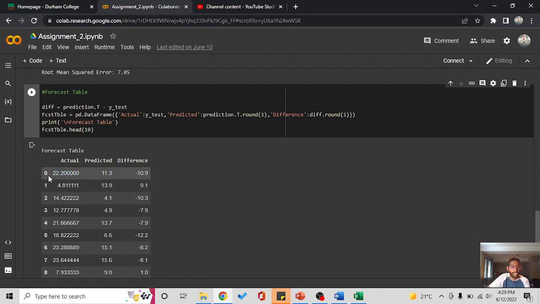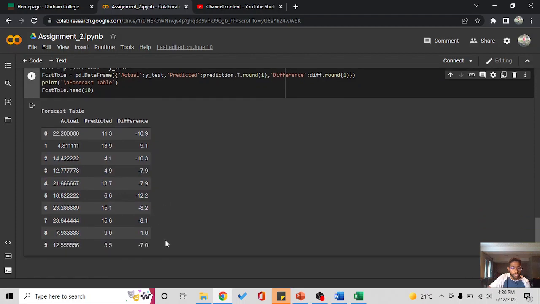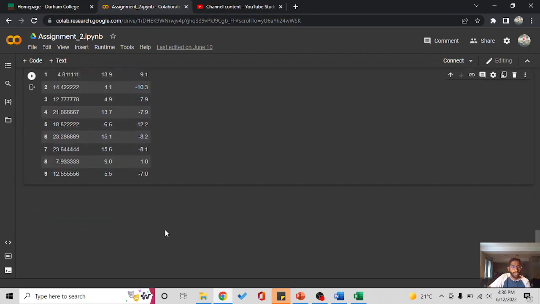It should have actually been 22.2 in this case, but our model has said it should be 11.3. That's a big difference. Then again, each of these readings has almost a difference of 5 units. There are some exceptions, but generally our model is not performing very well.